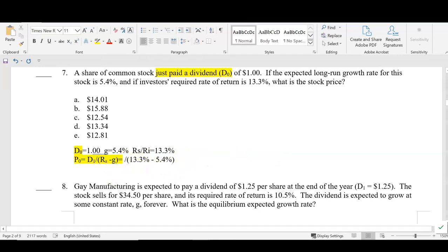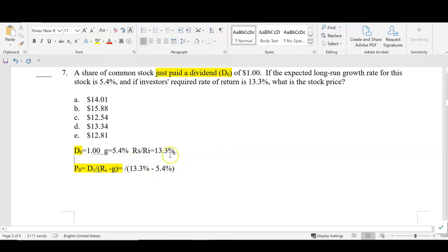What is D1? So I need to solve for D1 first.